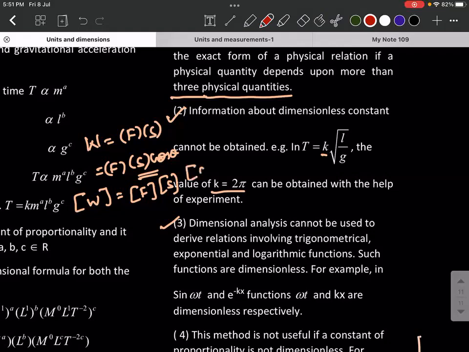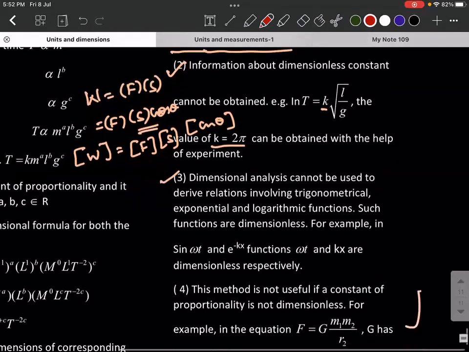But if I put the dimensional formula of cos theta, there is nothing, because cos theta is a number. Cos 30 is root 3 by 2. It's a number. Cos 60 is half, a number. So for a number, you don't have any dimensional formula available. If that is the case, we will not know whether the physical quantity is dependent on the trigonometric function or not. So that is one of the disadvantages. Okay.